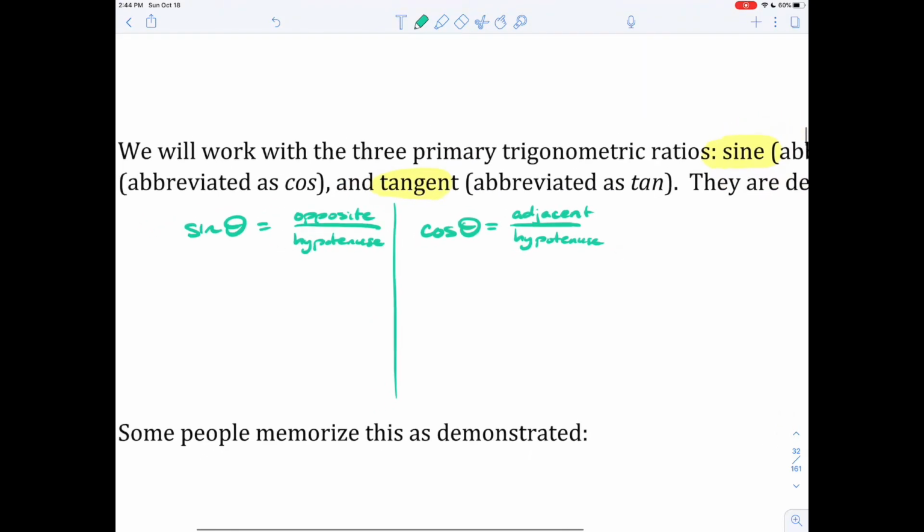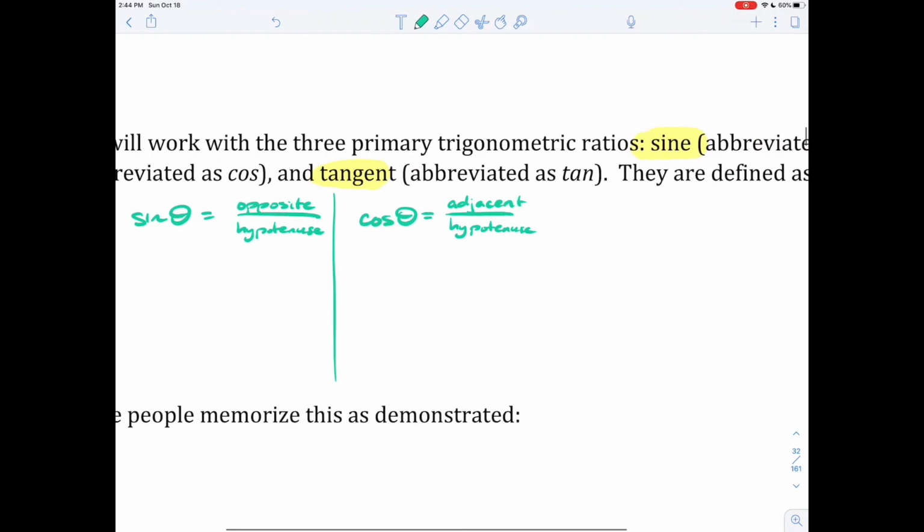And there's one last combo we don't have yet here, and that's involving tan theta. We've talked about the opposite hypotenuse, the adjacent hypotenuse. What we haven't talked about is the ratio between the opposite side and the adjacent side. That's how those are defined.